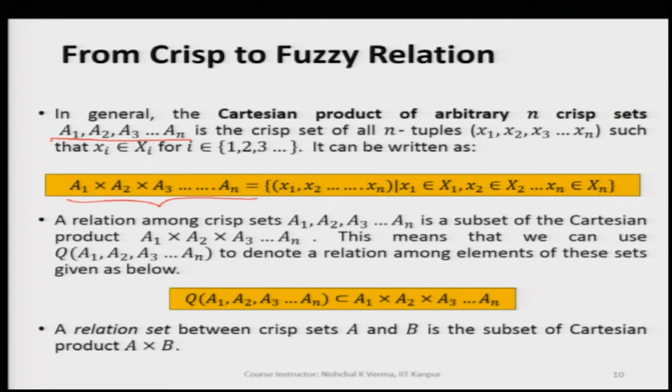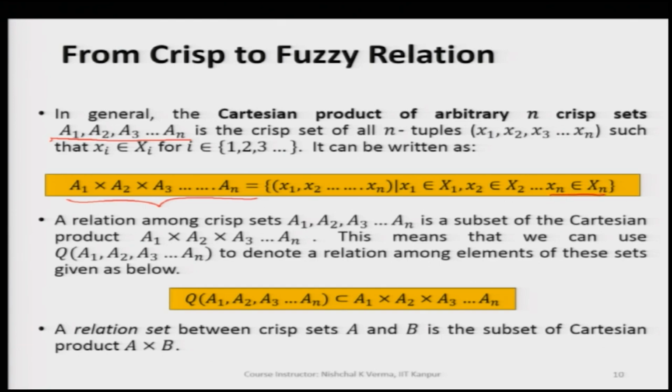and this is going to be equal to the set of all the elements x1, x2, x3 and so on up to xn, such that x1 is from capital X1, small x2 is coming from capital X2, and so on, small xn is coming from capital Xn.